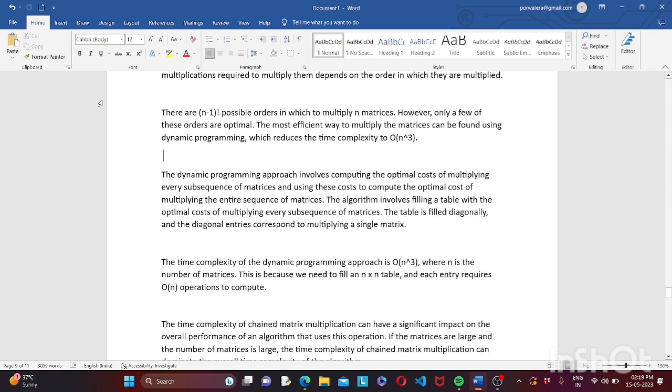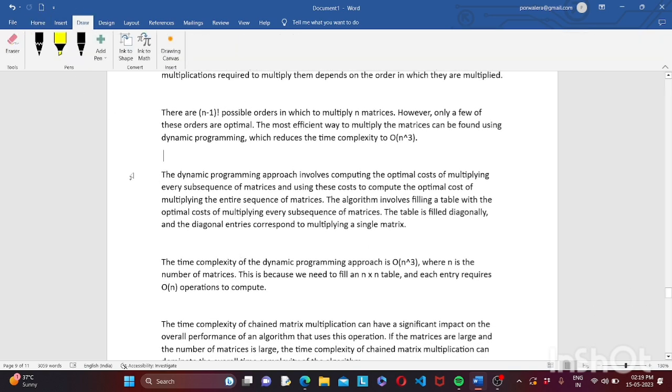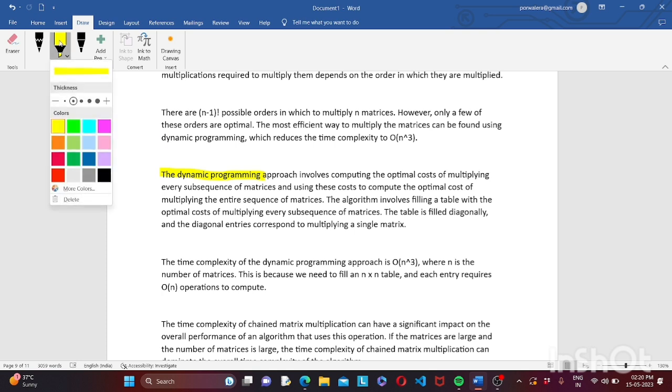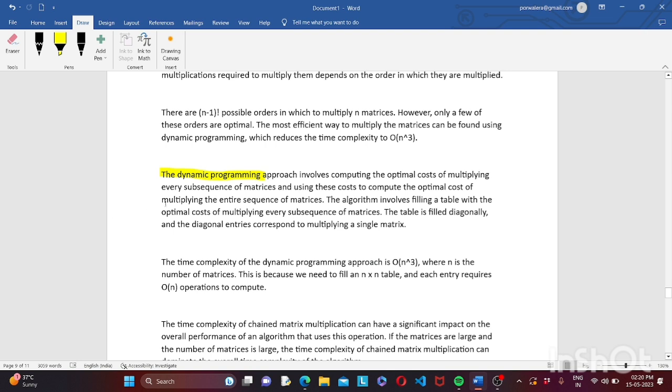So the dynamic programming approach. Dynamic programming is an efficient approach for solving algorithms and for finding the desired result. The dynamic programming approach involves computing the optimal costs of multiplying every subsequence of matrices and using these costs to compute the optimal cost of multiplying the entire sequence of matrices.